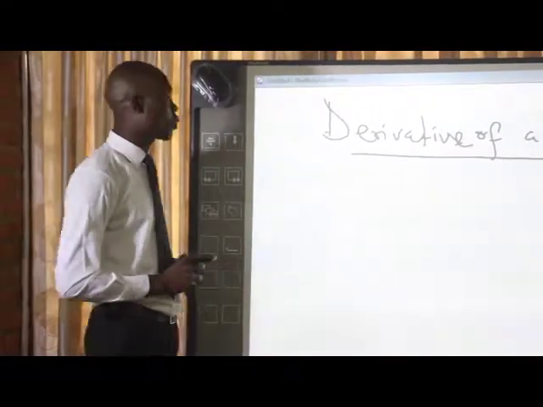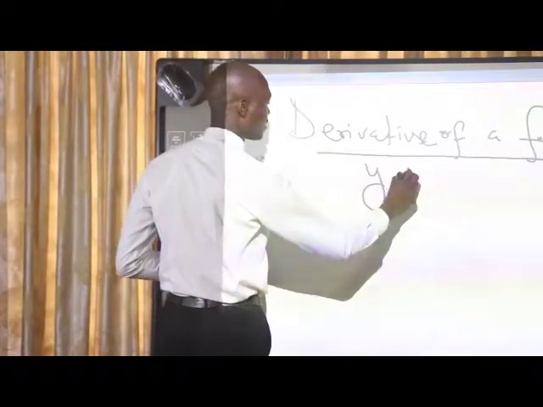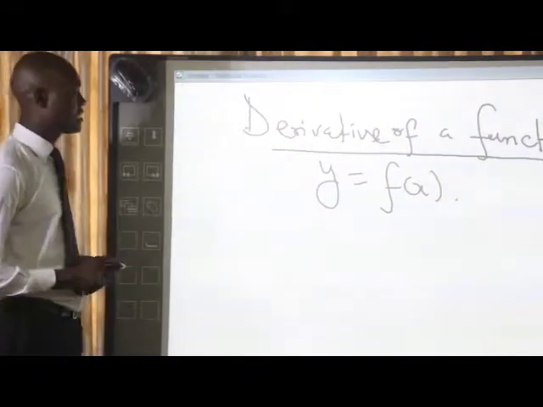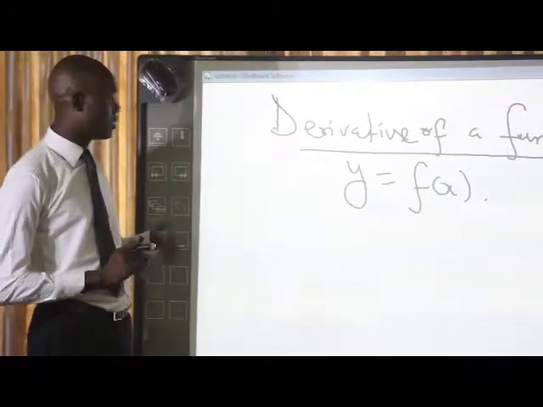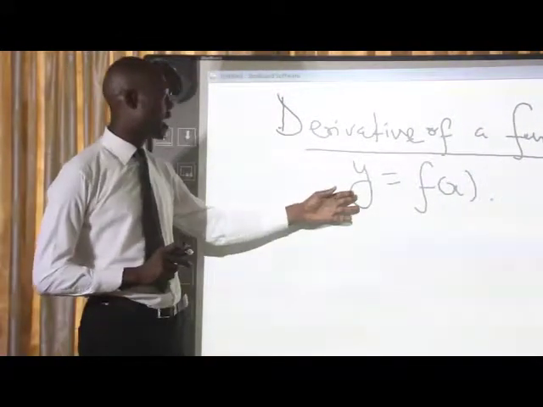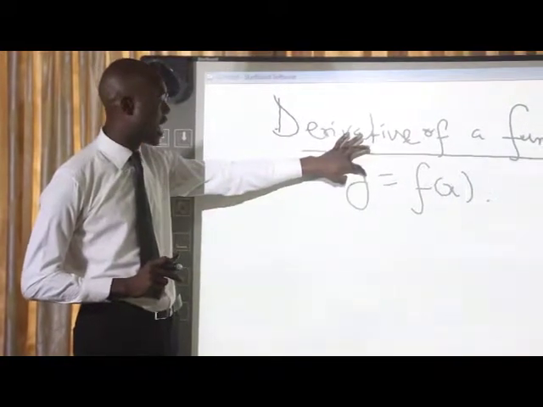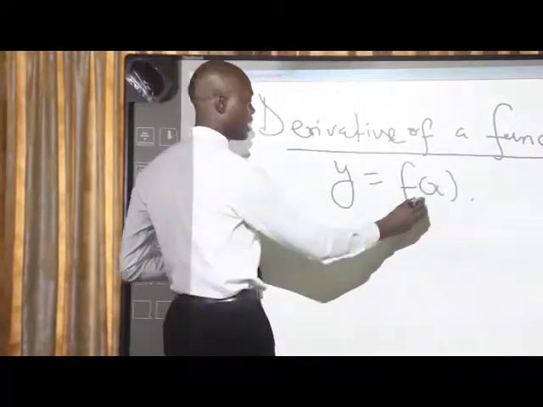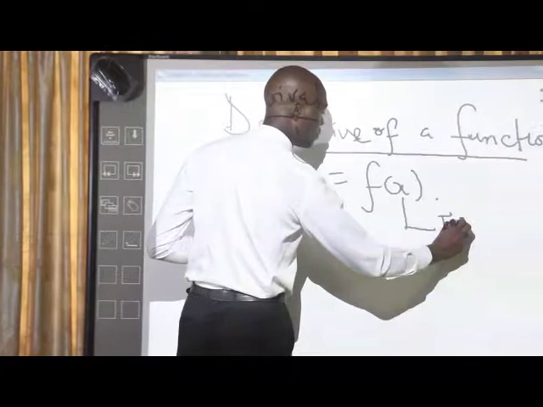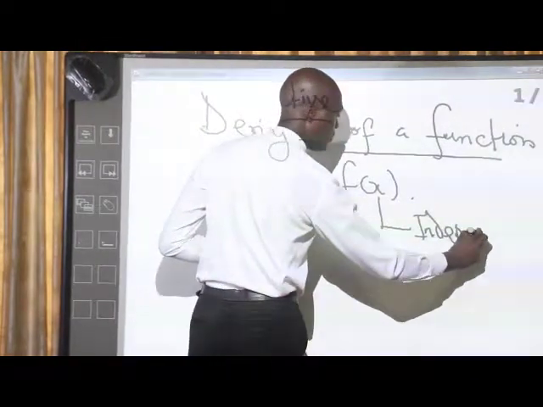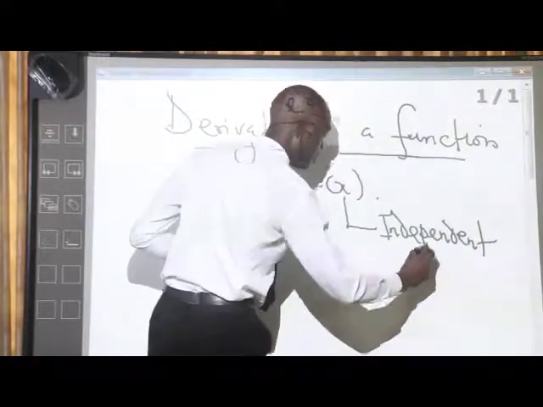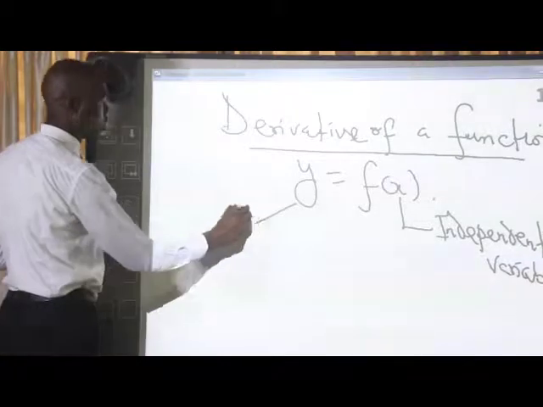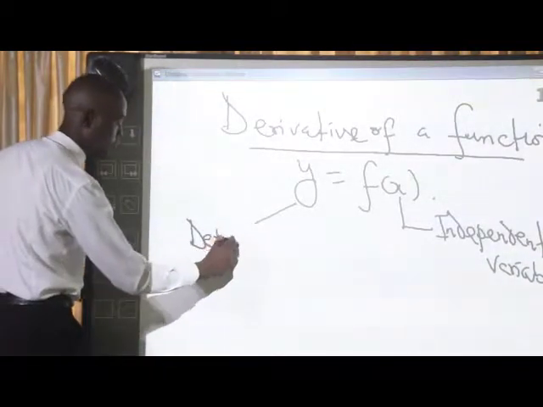Consider this equation, y equals f of x. This is simply written in this form, and it implies that we are saying y is a function of x. We call x the independent variable, and y is called the dependent variable.